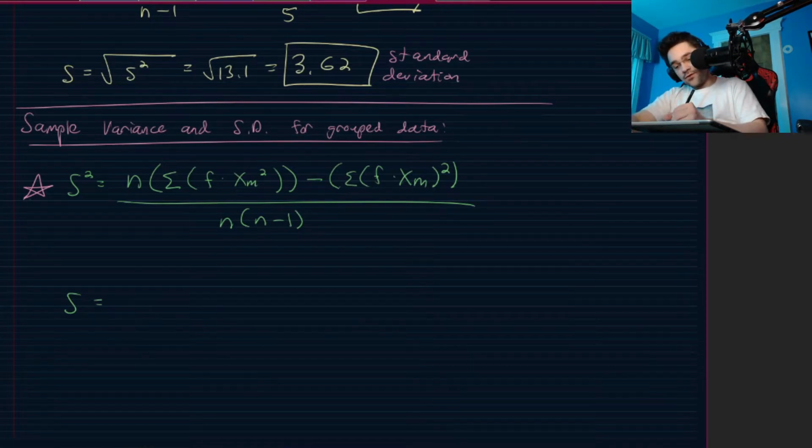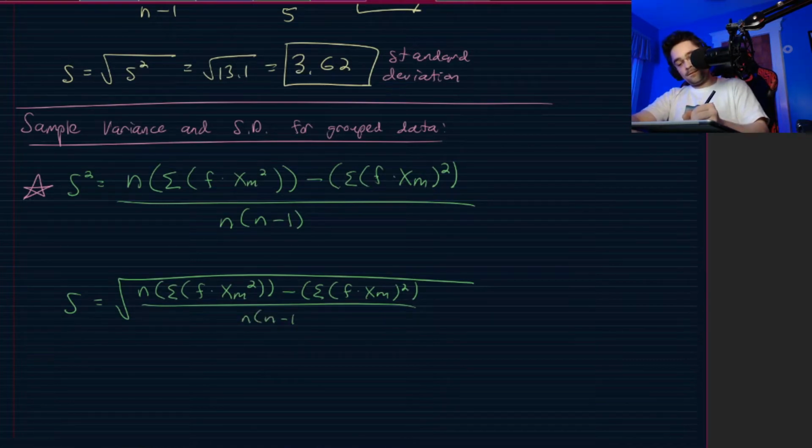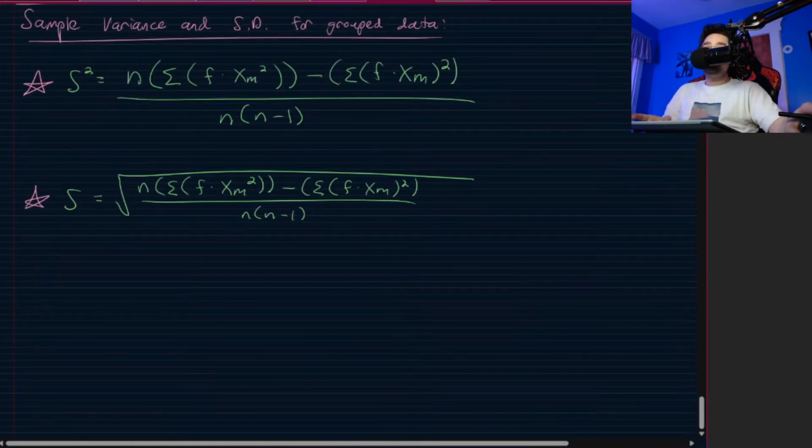So it's the square root of this whole thing that I have here. n times the sum of all the f times xm with the xm squared on the inside of the parentheses, minus the sum of all the f times xm with the squared on the outside of the parentheses, all over n times n minus 1. So, they're really not nice formulas. I totally get it. We'll do one example together.